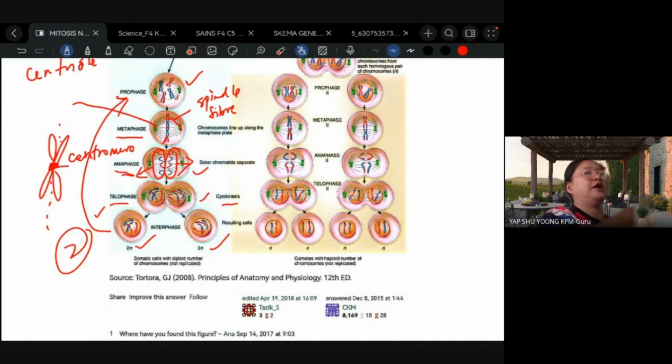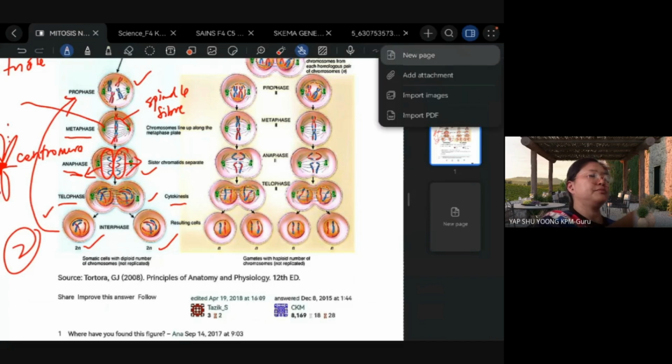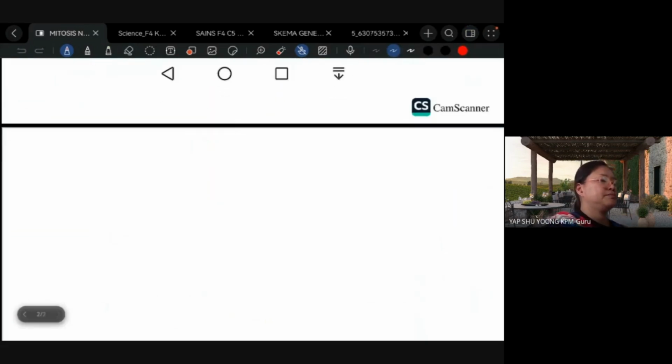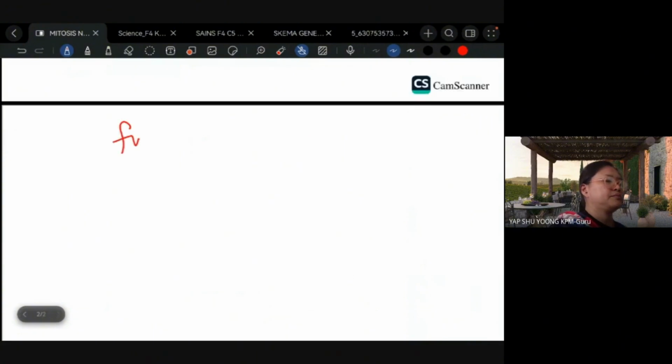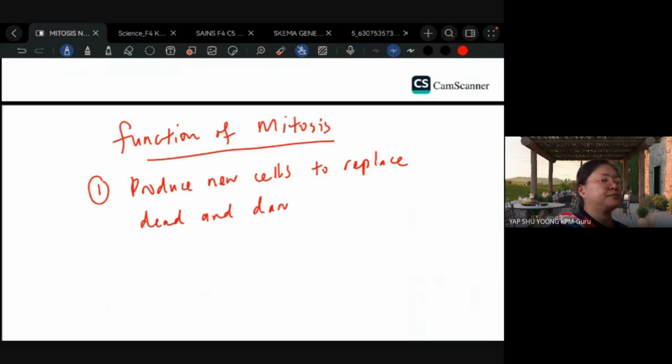Okay, this is the function of mitosis. The first one: produce new cells to replace dead and damaged cells.